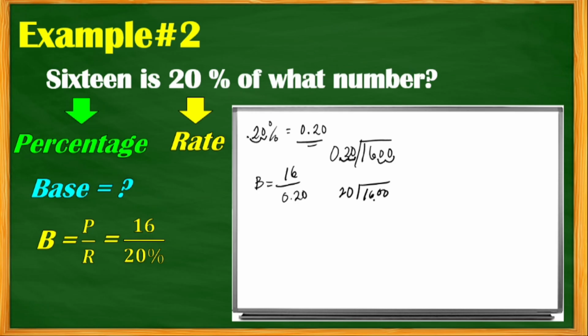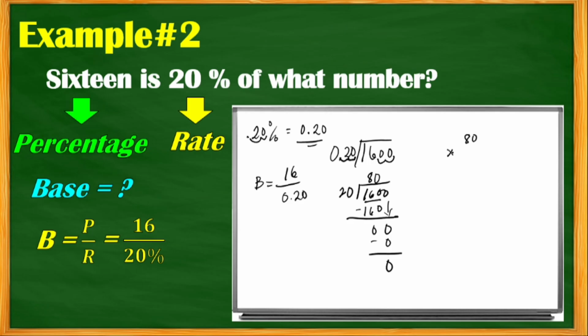So 1,600 divided by 20. 160 divided by 20 is 8. 8 times 20 is 160. Subtract: 0. Bring down 0. 0 divided by 20 is 0. 0 times 20 is 0. Then 0 minus 0 is 0. So the answer is 80.